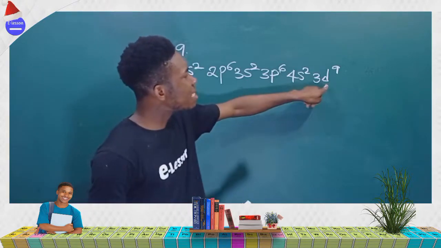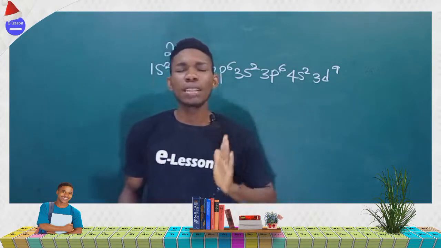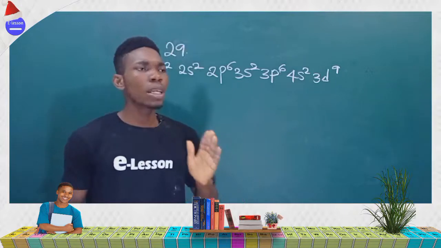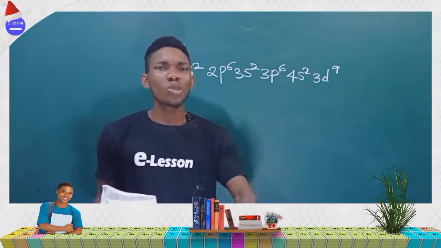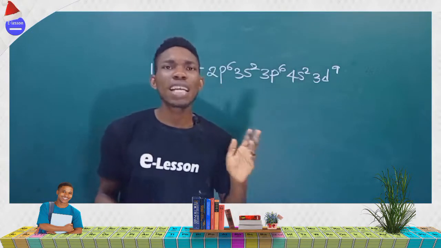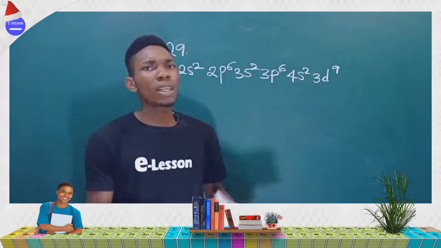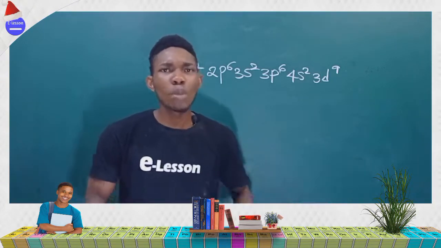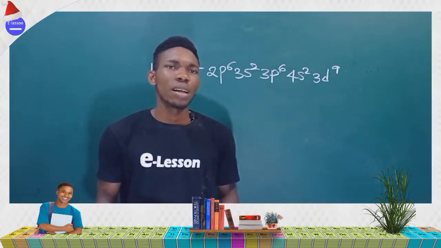But because this d orbital is almost filled, like we said, when the d orbital is completely filled or half filled, it actually obtains more stability than when it is partially filled. So if you have the leeway to promote one electron to make it completely filled so that it will be more stable, you should do that. Are we getting it now?